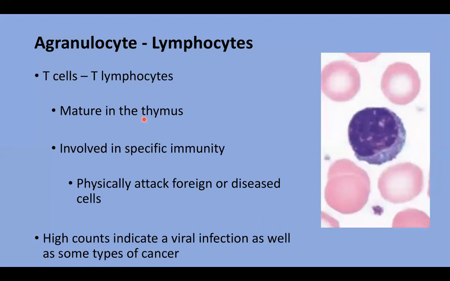The other type of lymphocyte is the T lymphocyte, and we call it the T lymphocyte because this is going to mature in the thymus, hence the T. The T lymphocyte is also involved in this specific immunity. So T lymphocytes are going to attack specific foreign cells.